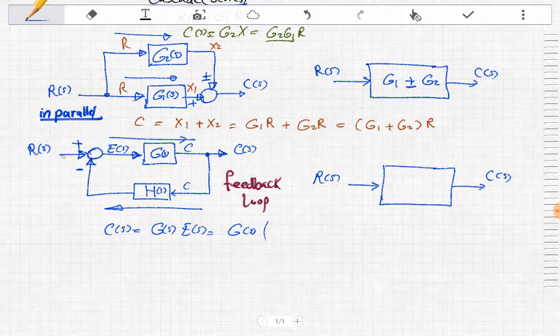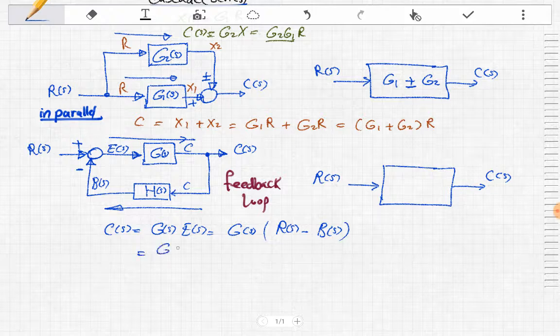E is equal to what? R of S minus this value, right? Call this B of S, okay? So E of S is equal to R of S minus B of S. Great.